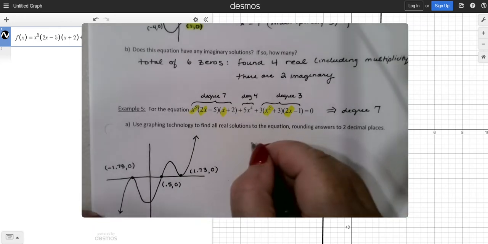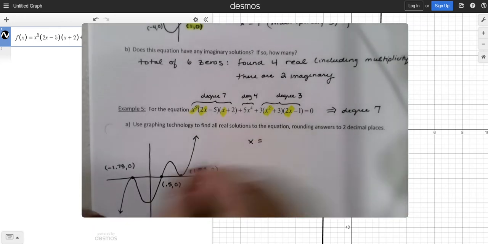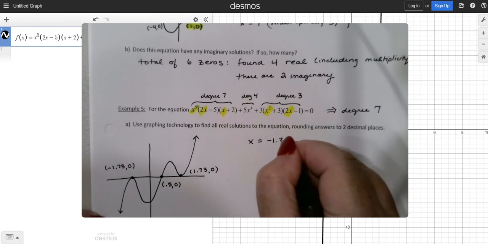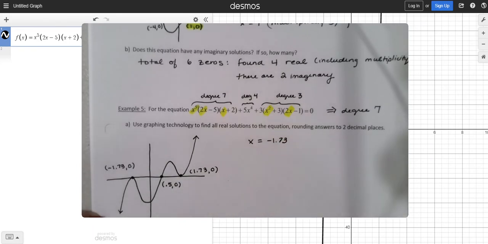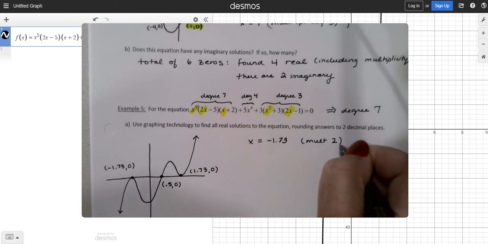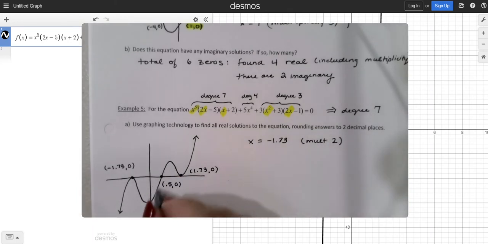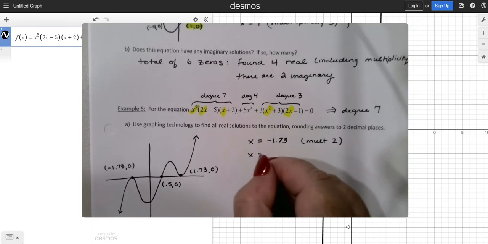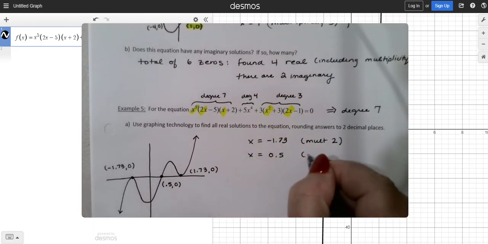So, my real solutions. x equals negative 1.73. Now that just touched the x-axis and bounced back off. It's a turning point, so I know that's got an even degree. I'm thinking this has got to have multiplicity 2. That one just cuts straight through. So x equals 0.5 would just have multiplicity 1.